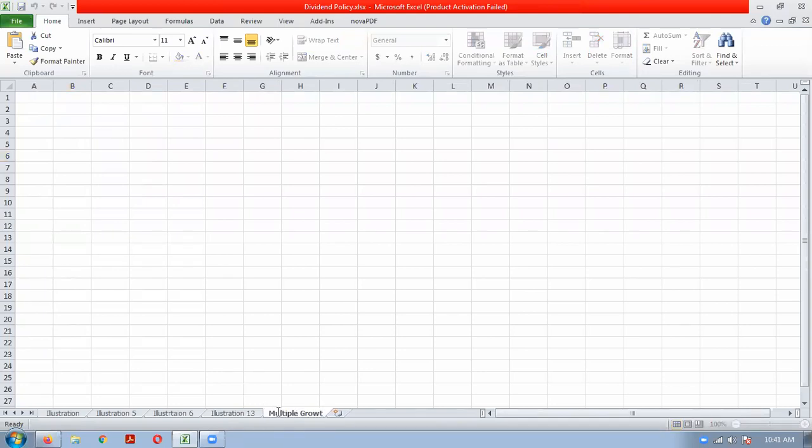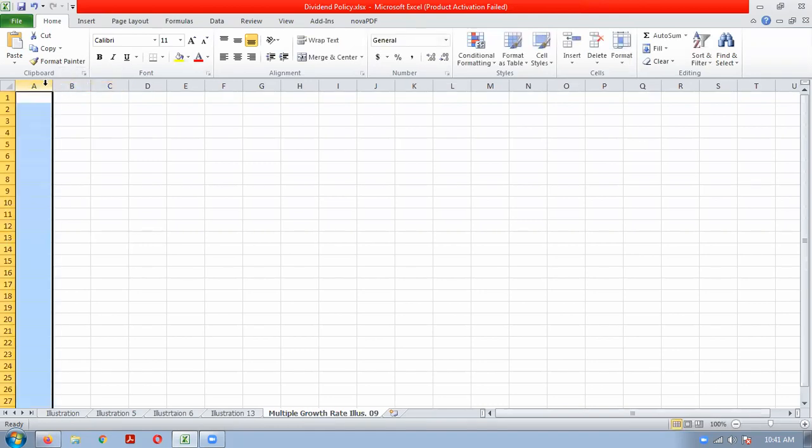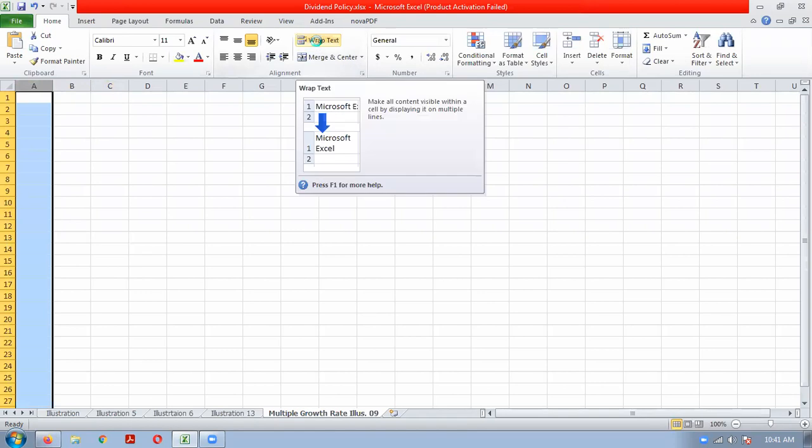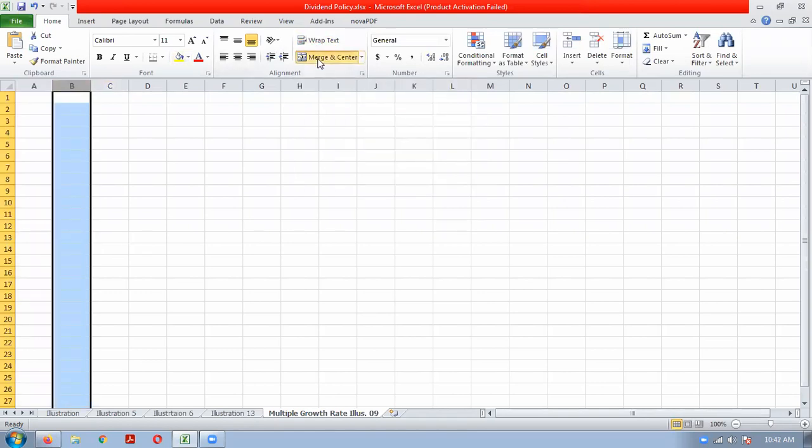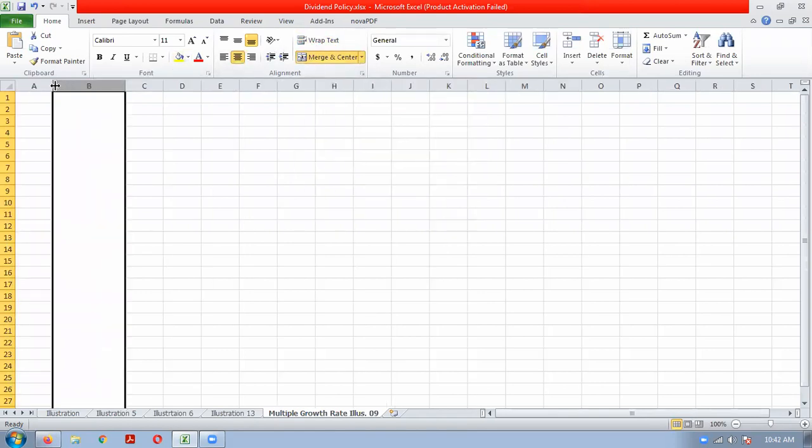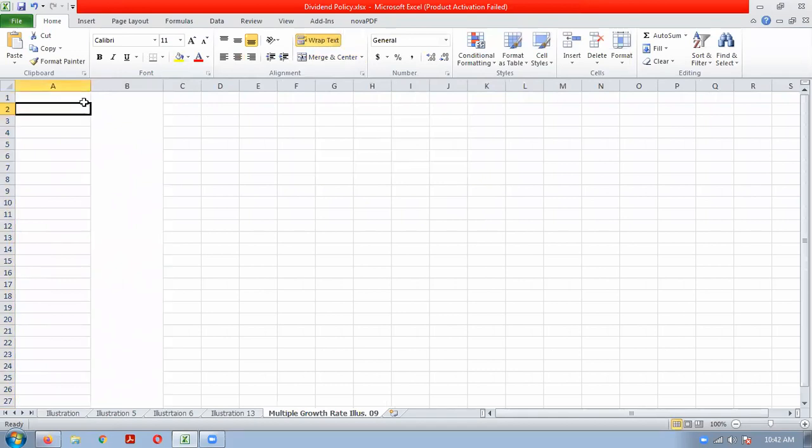Multiple growth rate, illustration number 9. How will we solve this illustration? What do we have to calculate?